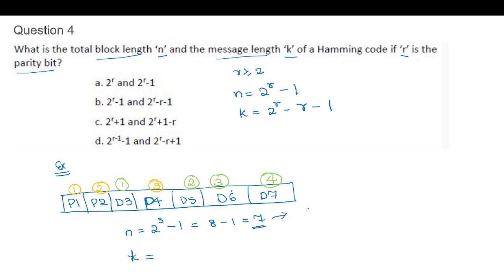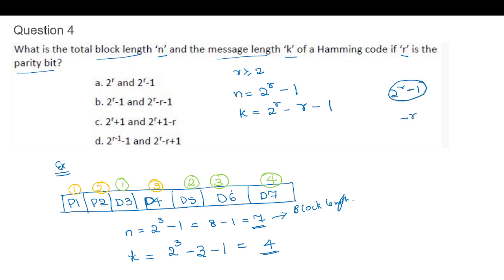This is the total complete length, that is what we call block length. Sorry, not the message length, block length. And k is the message length, where 2 to the power 3 will go for parity, and 1 we have already covered here. So total 8 minus 3 minus 1, 4. So this will be the answer. 2 to the power r minus 1 is the complete block length.